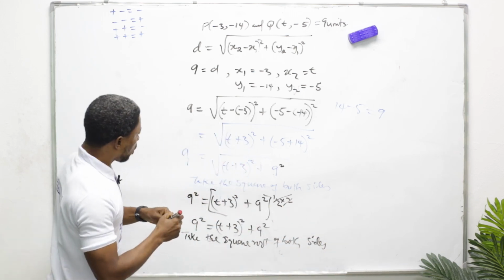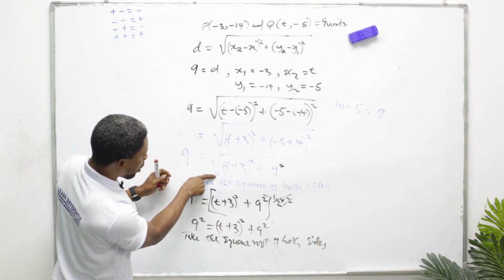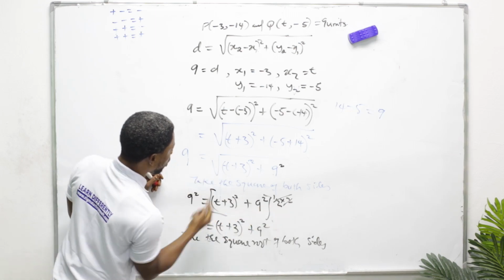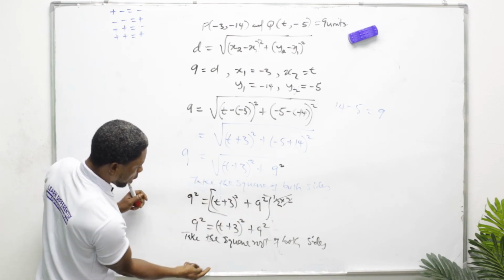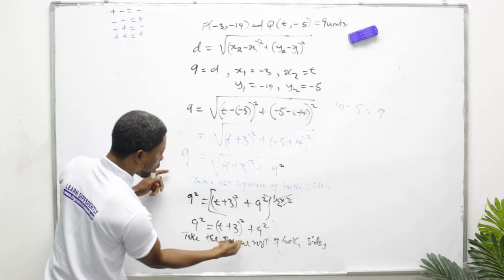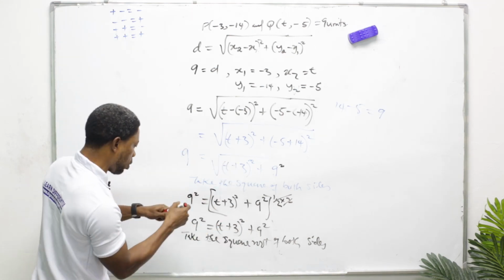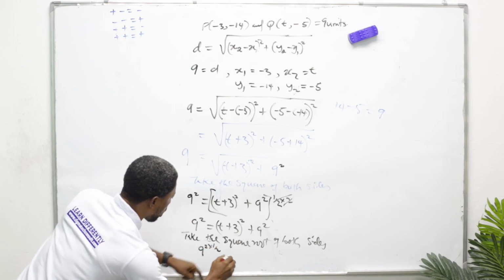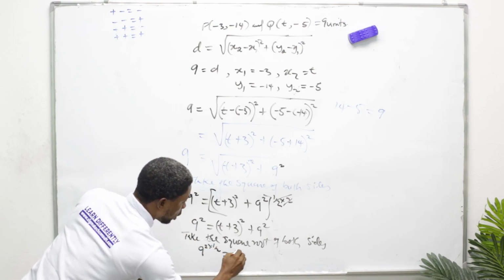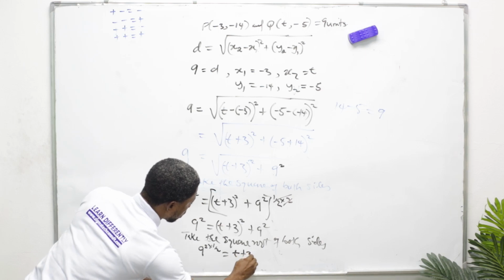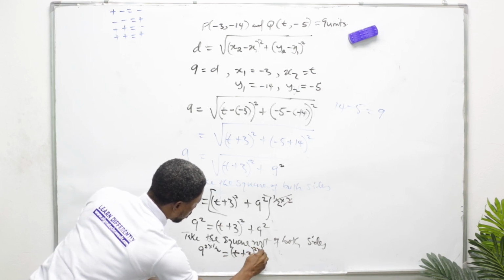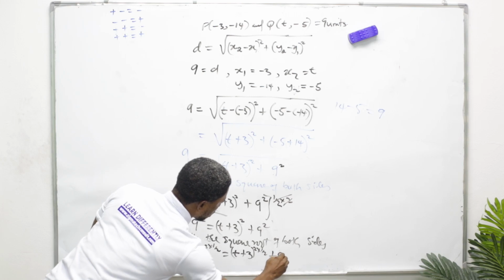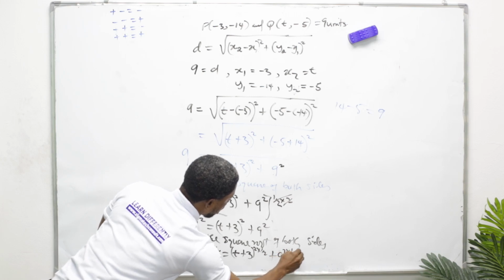Do you notice something? When I want to remove square root, I use square, which is 2. When I want to remove square, I use square root. So the opposite of this is this one. That's how you must go. So this is now 9 raised to power 2 times half, that is the square root, equals to T plus 3 raised to power 2 times half plus 9 raised to power 2 times half.